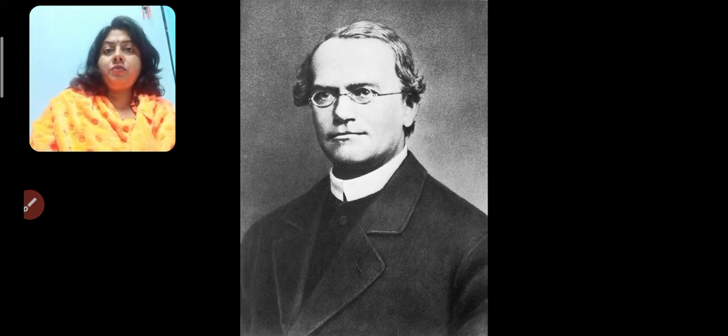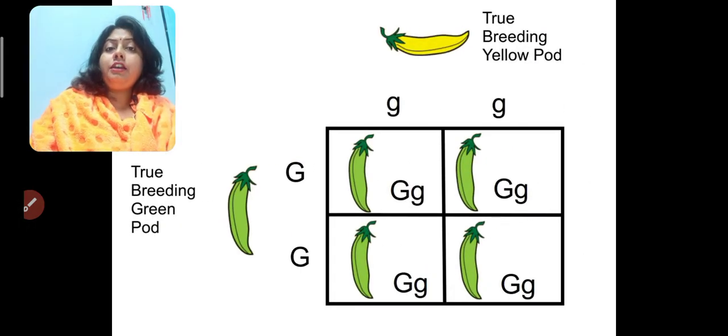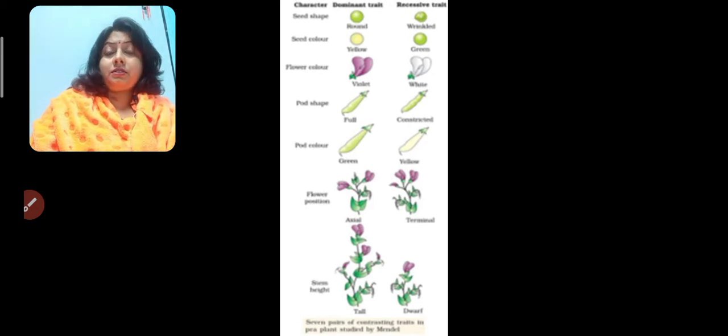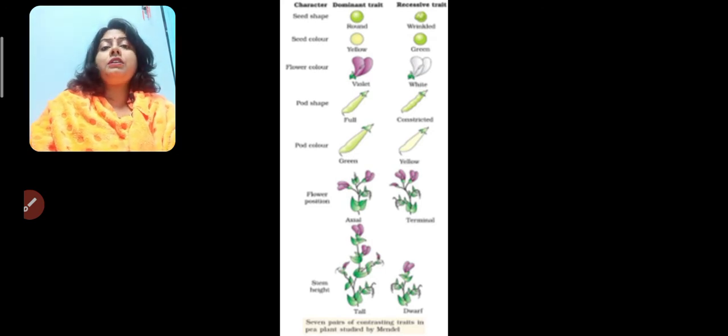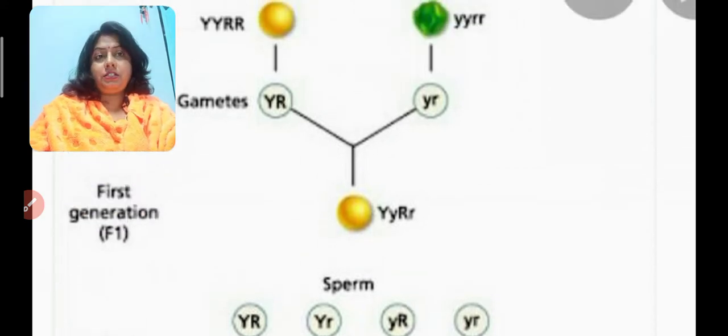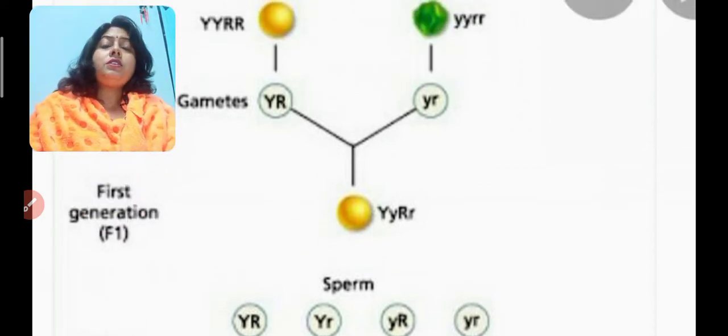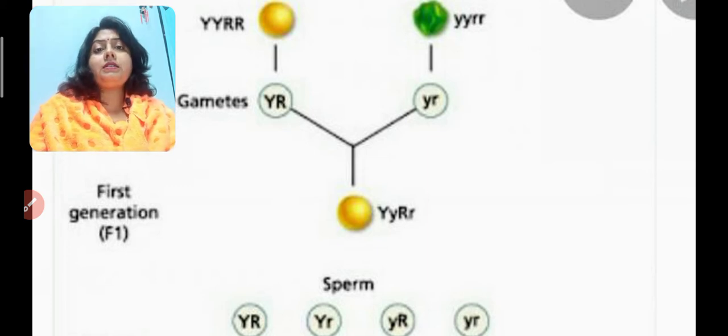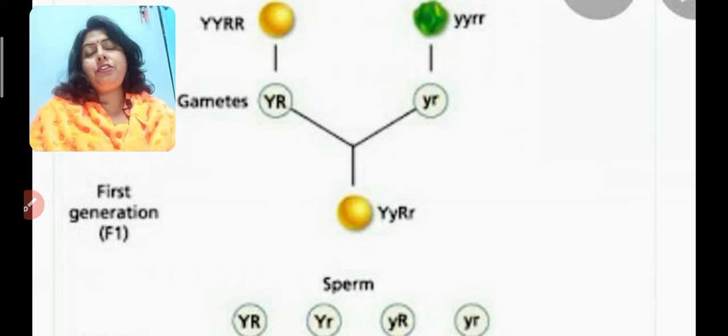In our previous modules, we have seen about Gregor Johann Mendel, father of genetics, then the monohybrid cross, the pair of characters that Mendel took in Pisum sativum for his experiment, and today I am going to discuss the dihybrid cross.